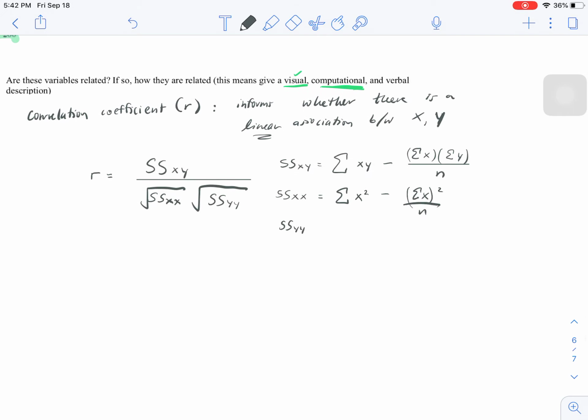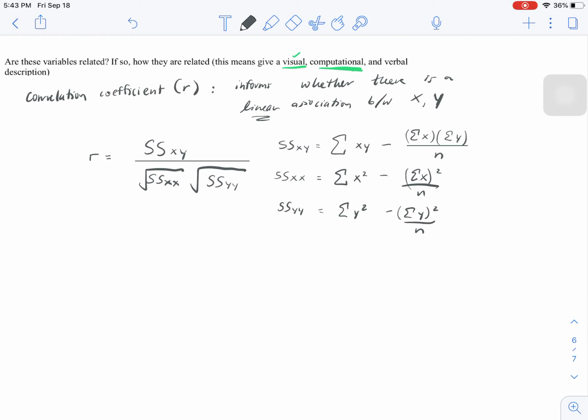Sum of squares for the y's looks exactly like the one for the x's. We're just going to replace them with y's. All right, so let's go ahead and calculate each of these quantities so we can find our sums of squares and then our correlation coefficient.